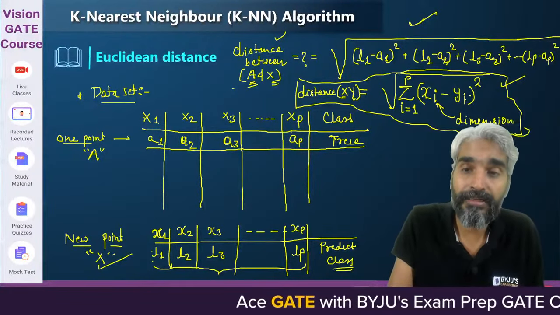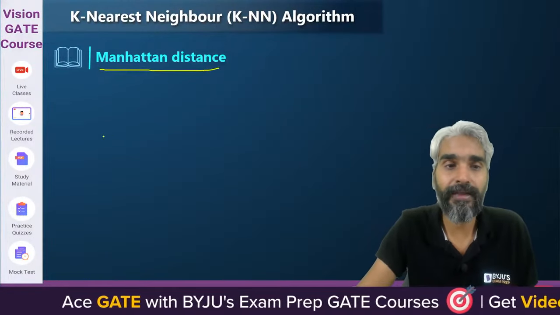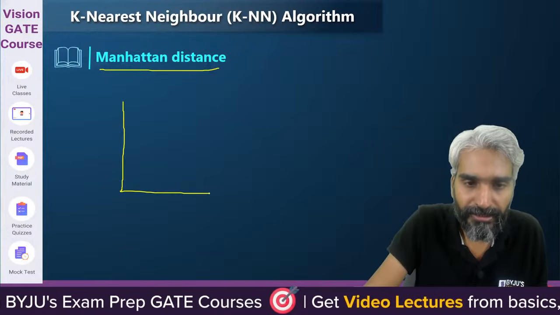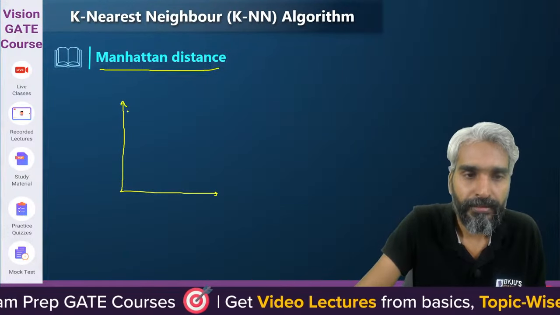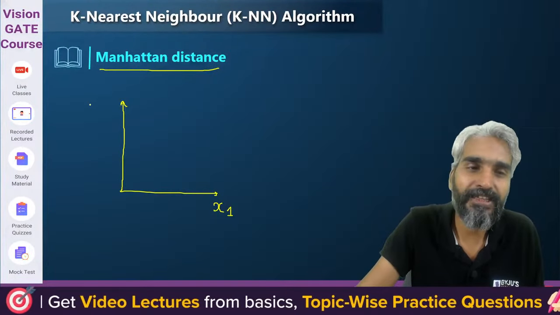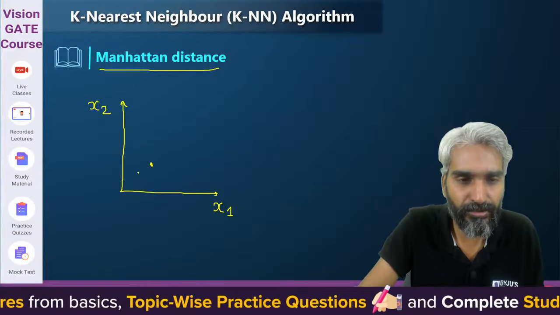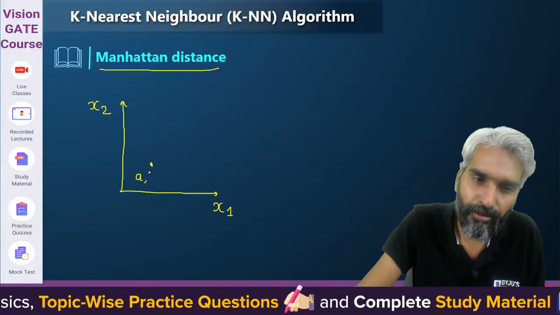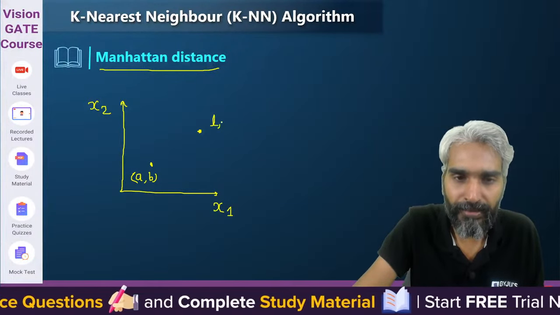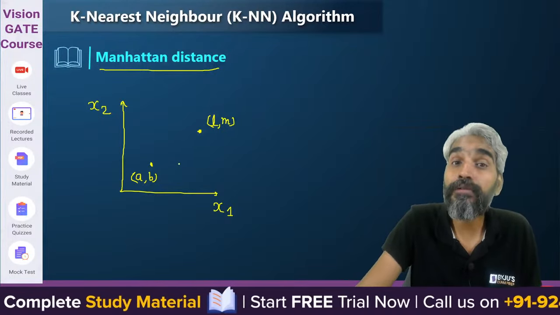This is Euclidean distance. If I try to define the Manhattan distance, then how do we define it? Please look at this. If these are the 2 points, dimension x1 and dimension x2, let's assume this is point A comma B, and this is point L comma M. Then what is the Euclidean distance?